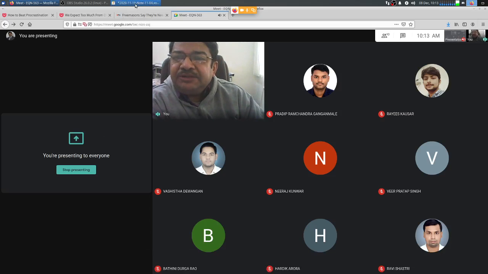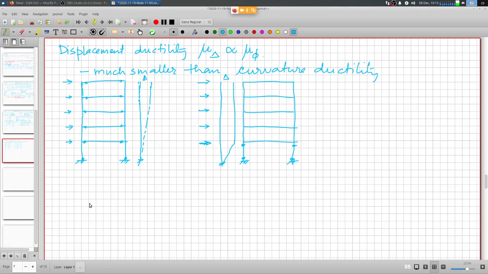we come to that, let us finish this discussion on ductility. As I said, displacement ductility is much smaller than curvature ductility. Now why is that?